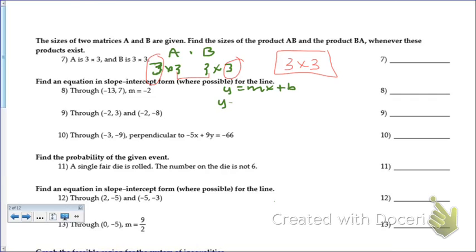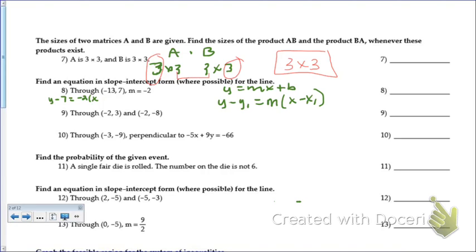We have y minus y1 equals m times x minus x1. So that's point-slope form. For number 8, I would probably use point-slope because I have a point and I have a slope. So y minus y1 equals m times x minus x1.